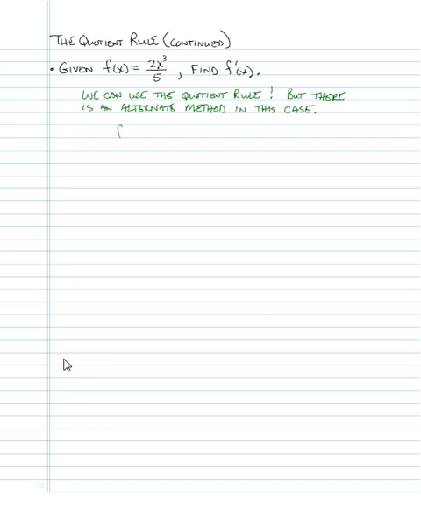Here's what I'm going to do: I'm going to take the function f of x, and I'm going to notice that I could actually write that as 2/5 times x cubed. See, that's the same thing, isn't it? And when I notice that, then finding the derivative is relatively simple. Because for the derivative we would multiply the 3 with the 2/5, that coefficient. I'm just going to say multiply this time without even trying to think of it in my head. And then we would reduce the exponent on x by 1, and so that would be an x squared.